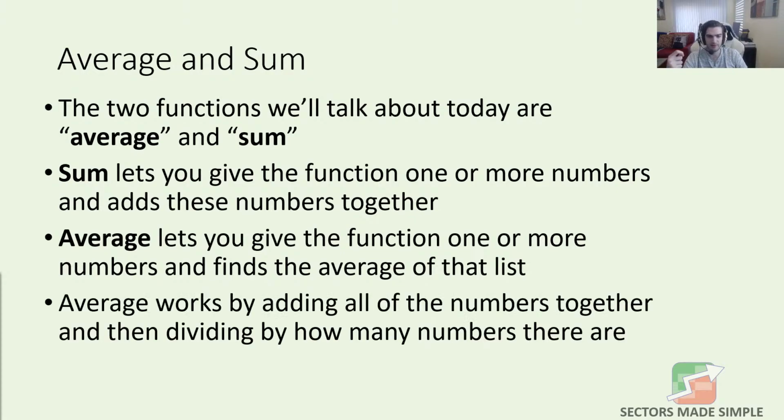And again, average works by taking all of the numbers, sticking them together, and dividing it by the total number that we have. If that doesn't make much sense, don't worry, I'll do an example instead of just using the average function. We're going to do it by hand so that we get to see what it looks like.